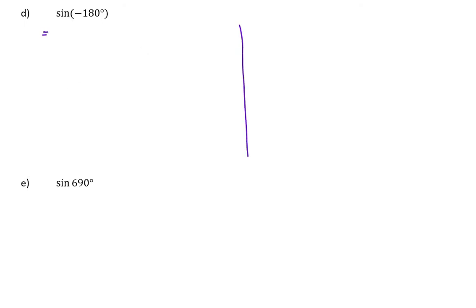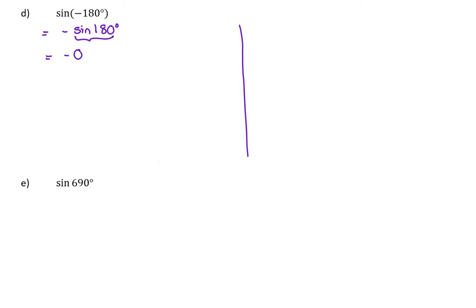Okay, so let's have a look at some more. Sine of negative 180. Two different ways to do it. You could have said that this is negative sine 180 because of the shortcut. Now sine 180 is considered a special angle. Once we've done graphs, any of the axes are considered special angles, and you are welcome to just use your calculator for axes. So if you pick up your calculator and go sine 180, you get 0.